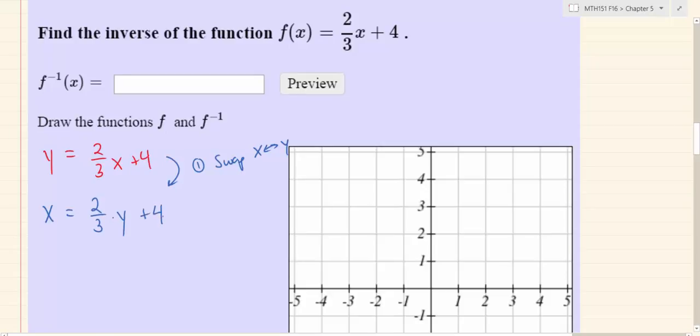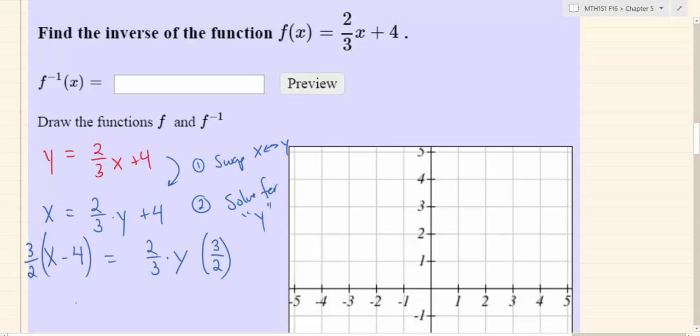All you do is a simple swap of x and y. Your second move is solve for y. Subtract 4, multiply by 3/2, so we have to multiply this by 3/2. So your inverse function is going to equal 3/2 times (x minus 4).